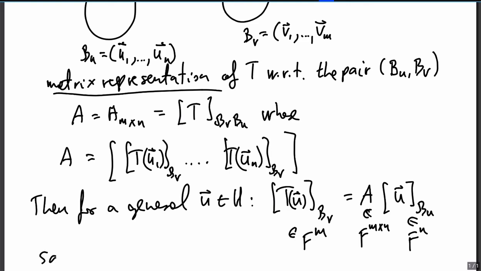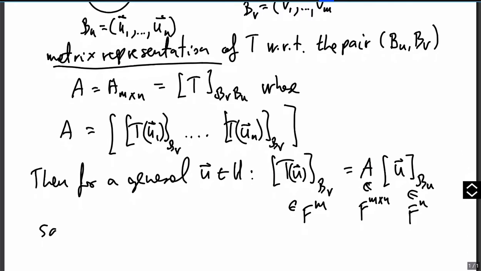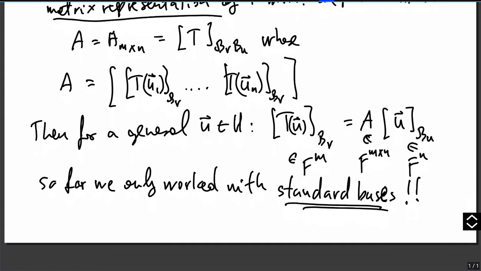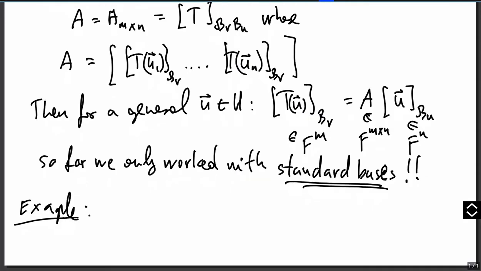So far, if you look at the homework assignment and what we did before, we only worked with standard basis. Actually, we worked with several of them, so standard basis. And this is then quite simple to work with. As an example, in some cases, one or two cases, we even use a kind of sloppy notation without mentioning that we are working in standard basis, because it's natural that we work with the standard basis, and sometimes we omit emphasizing it.